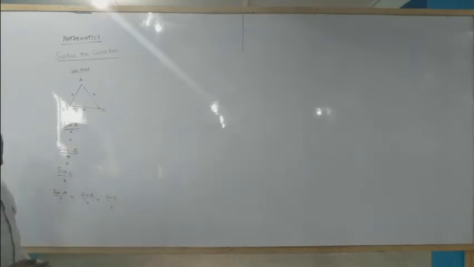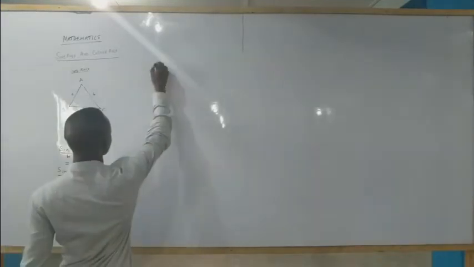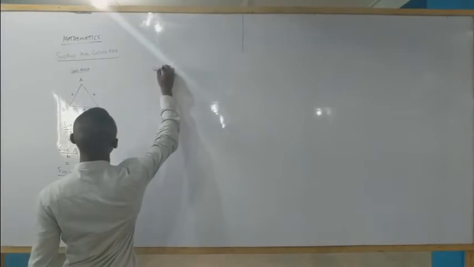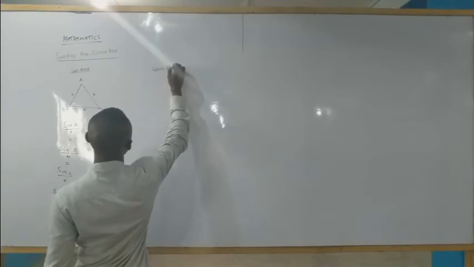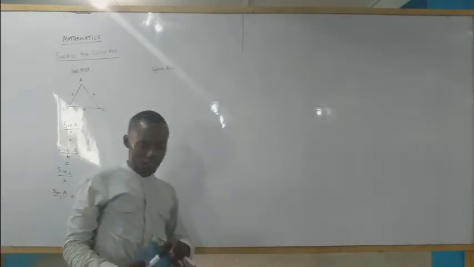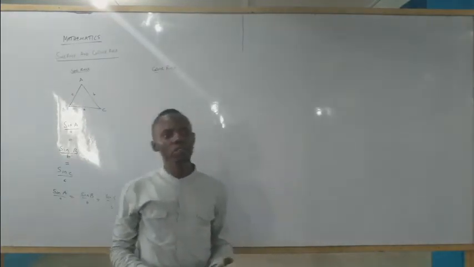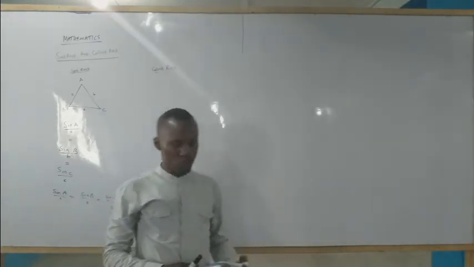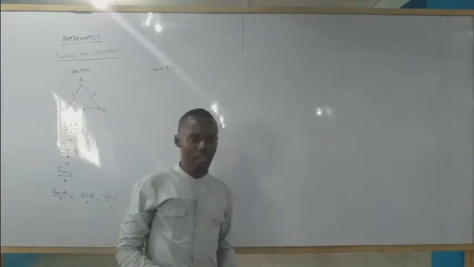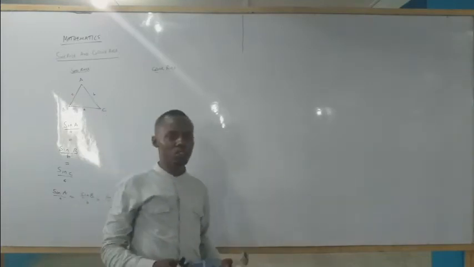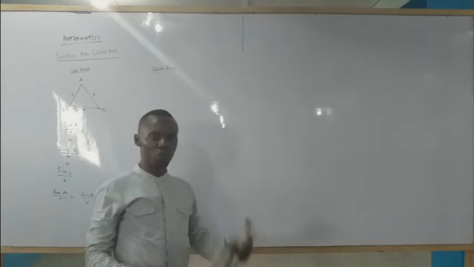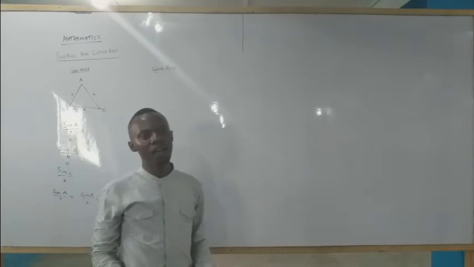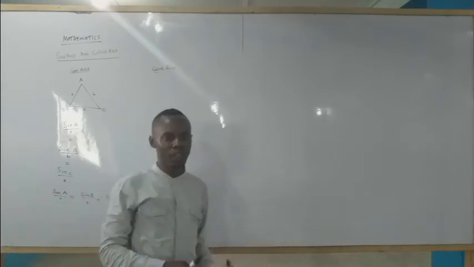So we look at the cosine rule as well, because I want to combine the two together. Cosine rule states that in any given non-right angle triangle, the square of the unknown side is equal to the sum of the squares of the two given sides minus twice the product of the two given sides multiplied by the cosine of the included angle.